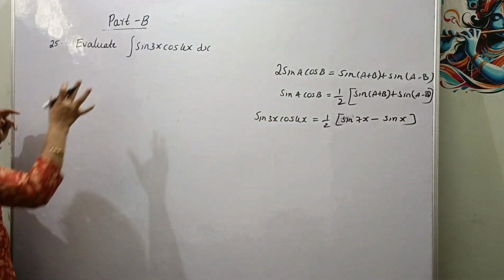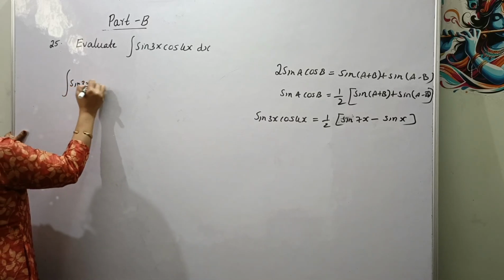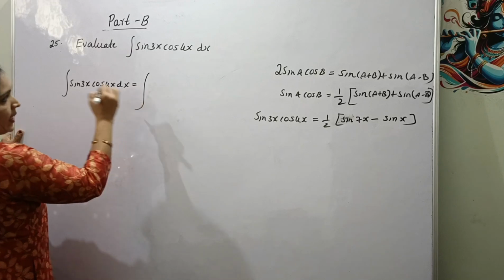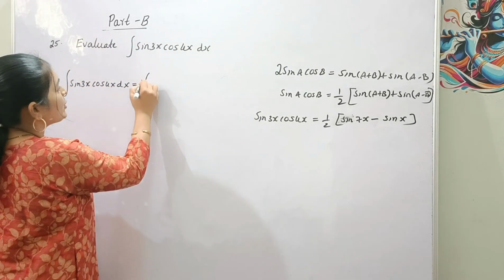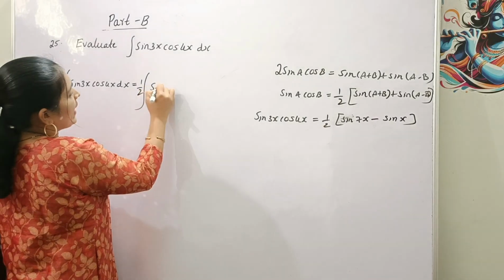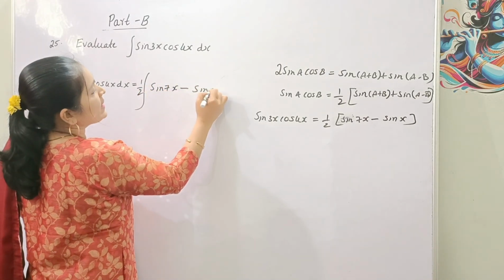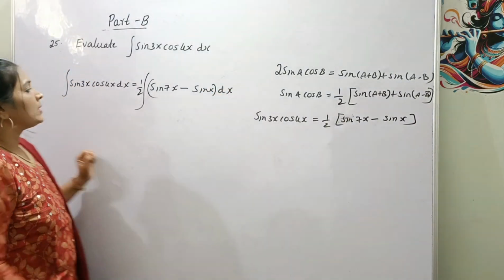Okay, so let's substitute it here. The integral of sin 3x cos 4x dx is equal to the integral of 1 by 2 into (sin 7x minus sin x) dx. Now we can integrate it very easily, right?